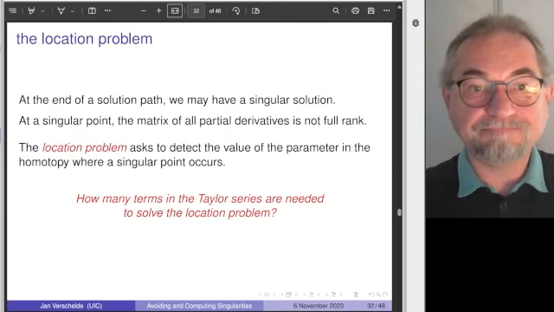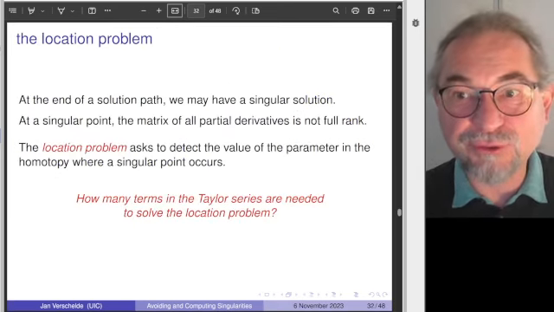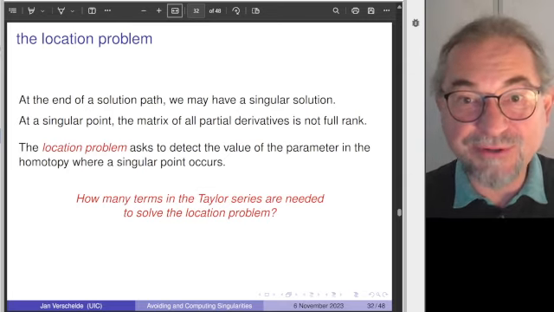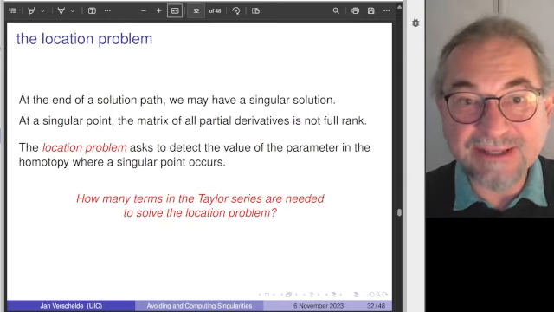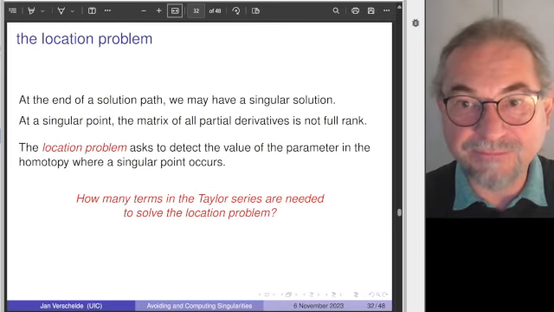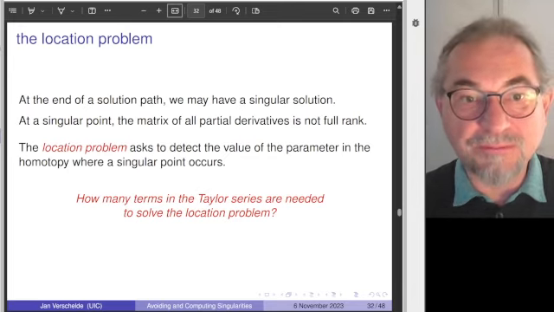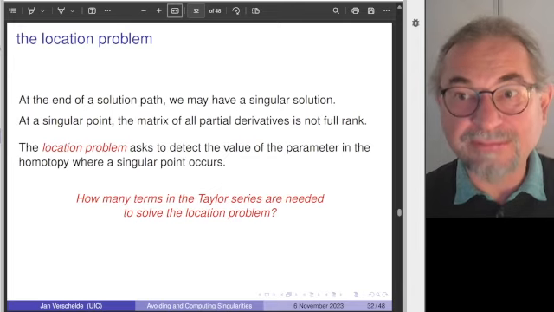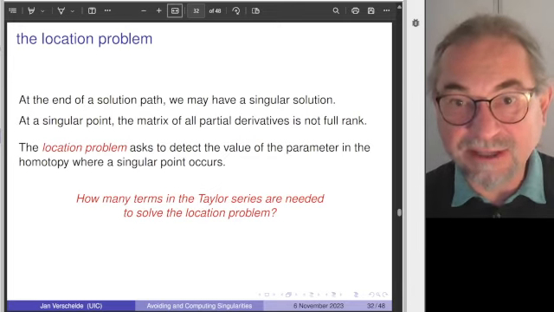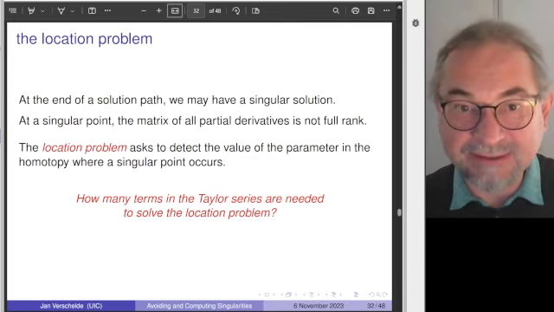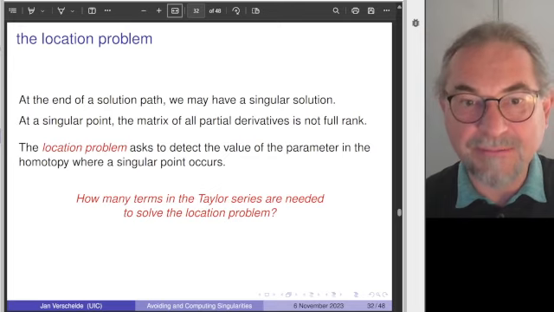Okay, let me now focus on the case where you have singular solutions at the end. At a singular point, the Jacobian matrix of partial derivatives is not full rank. So before you attempt anything else, at that point, you may want to detect the value of the parameter.